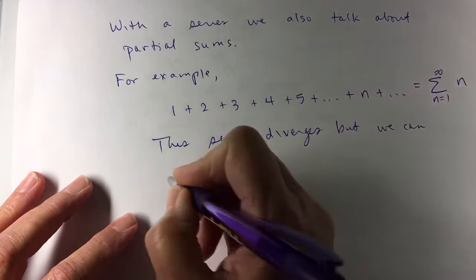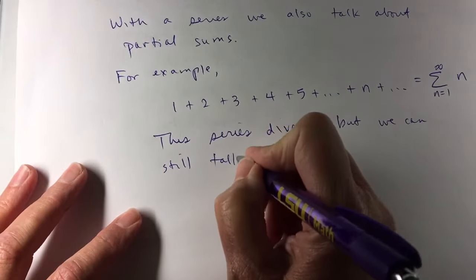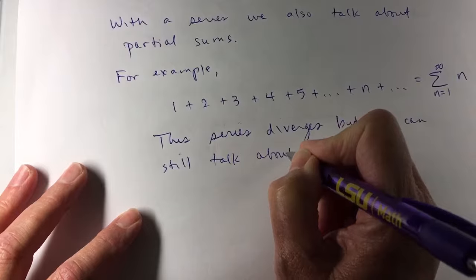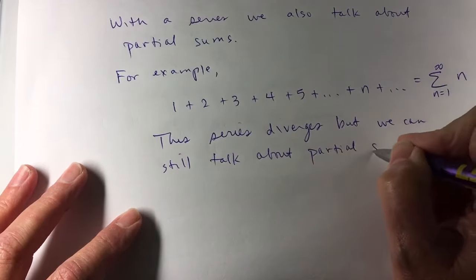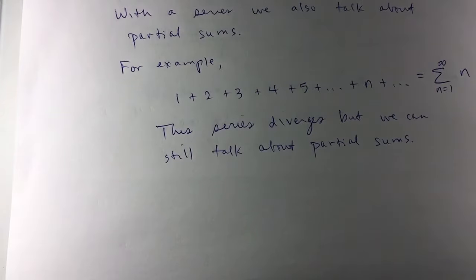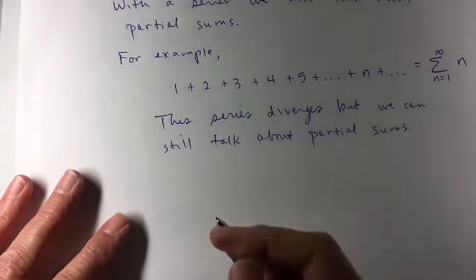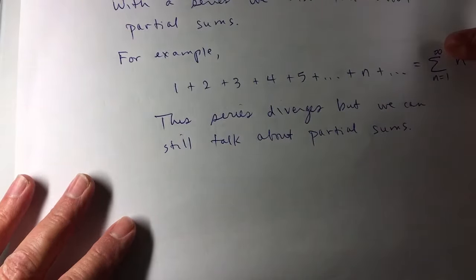but we could still talk about something called the partial sums. And a partial sum would be this. Instead of going to infinity, we'll give it a stopping point.